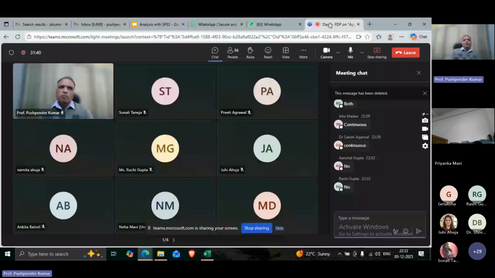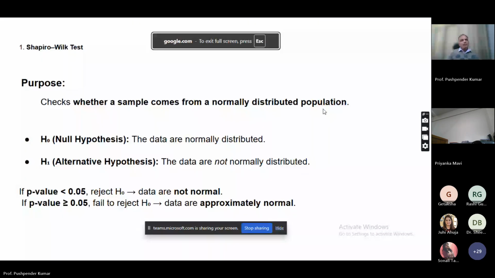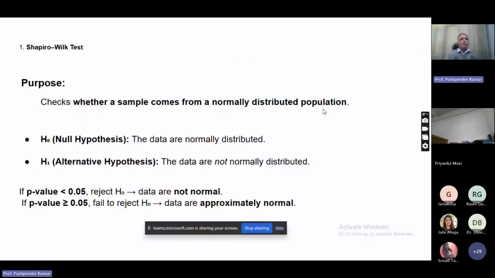Okay, so now please pay attention, everyone. So this is the test, and how we proceed further, let me show you. Shapiro, what is the purpose? Check whether a sample comes from a normally distributed population or not. The null hypothesis is that the data are normally distributed, the alternative is that they are not.